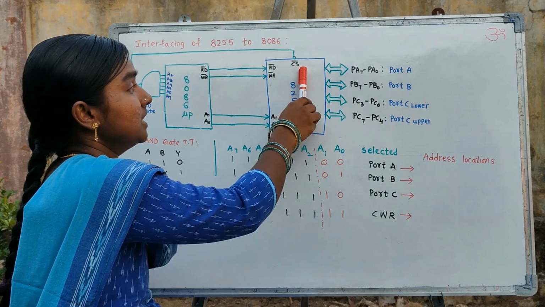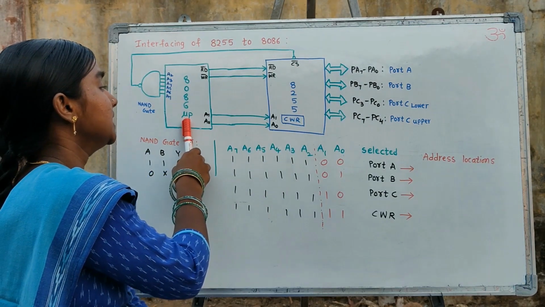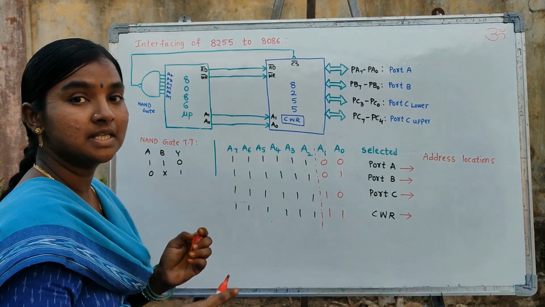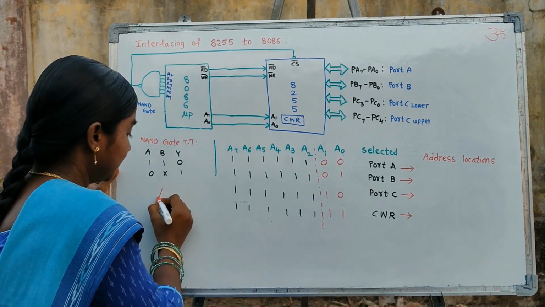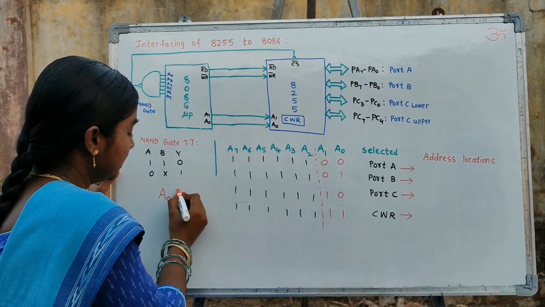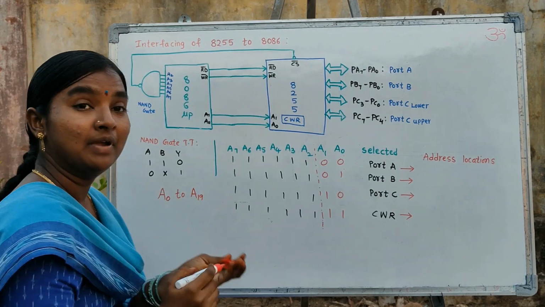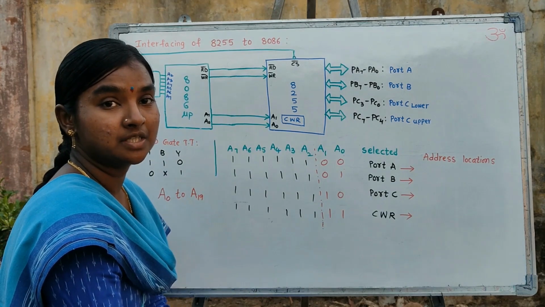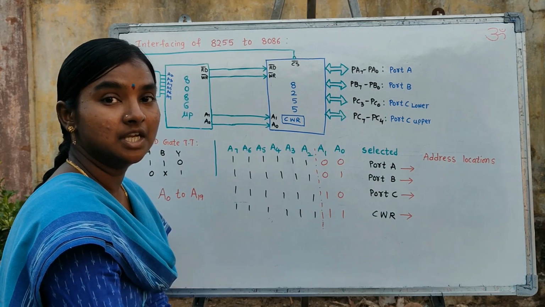The chip select signal value depends on the address lines of the 8086 microprocessor. The 8086 consists of 20 address lines, from A0 to A19. But when interfacing input-output devices with the 8086, we may use an 8-bit port or a 16-bit port.